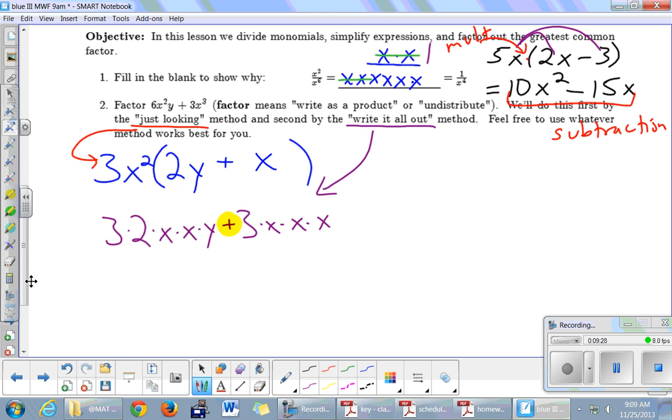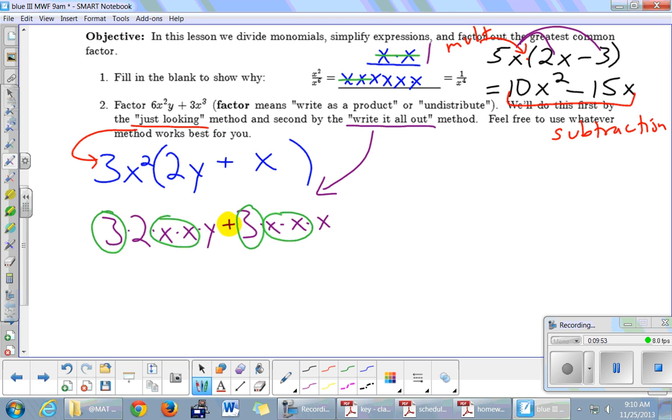So I'm going to circle the 3 here and here. How many x's do we see that are in both? 2, so I'm going to circle 2 x's here and 2 x's here. Is there anything else that's the same in both? No, that's it, right? So we've circled what's the same in both.